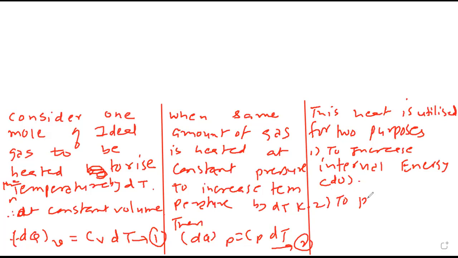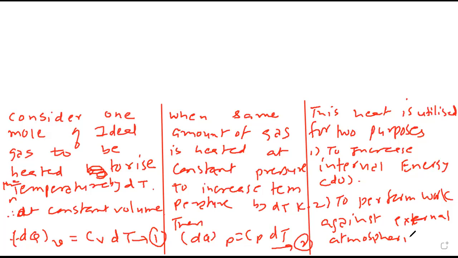Second, to perform work against external atmospheric pressure, denoted by dW. So therefore, heat supplied at constant pressure is internal energy plus work done.